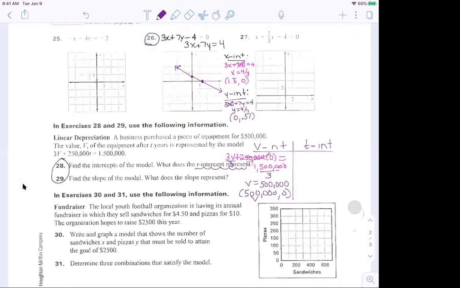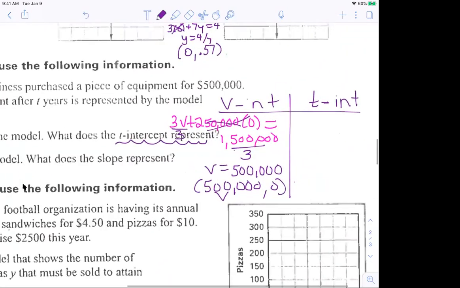So if I do the same thing for the other one, now I'm plugging a 0 in for V, which means this goes away. I missed my T variable.